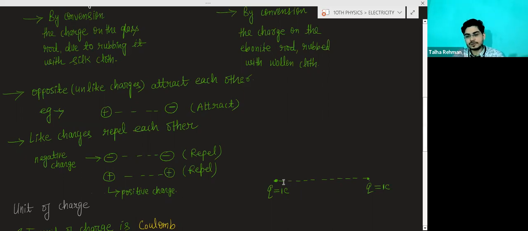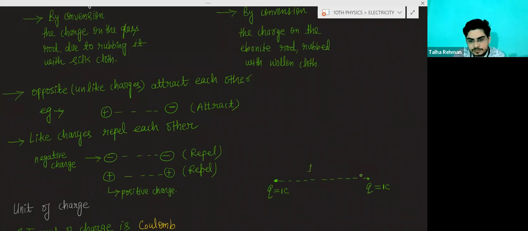So for defining 1 coulomb, you can define the quantity of charge that applies a force of 1 Newton on a unit charge placed at a distance of 1 meter.